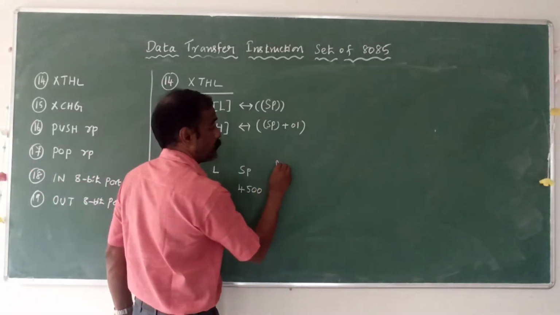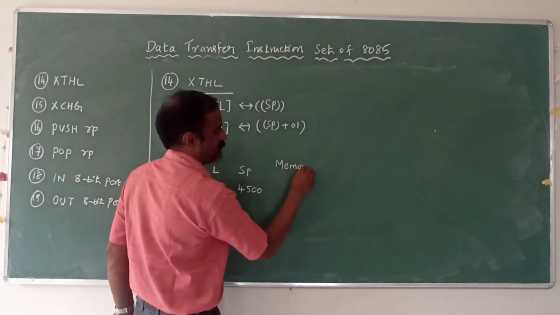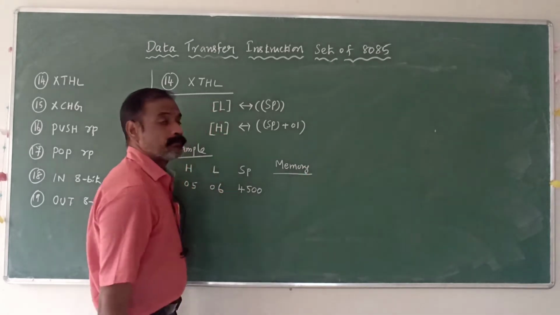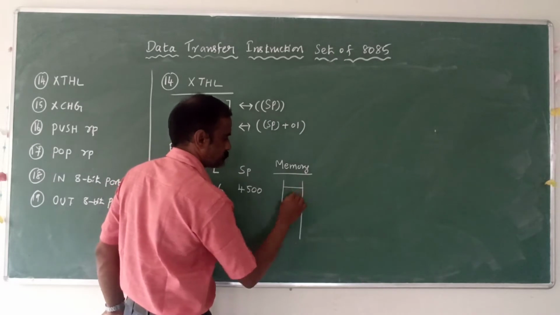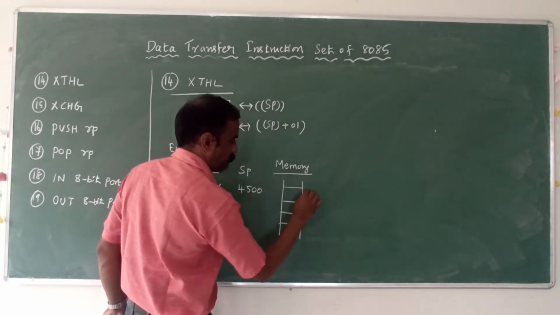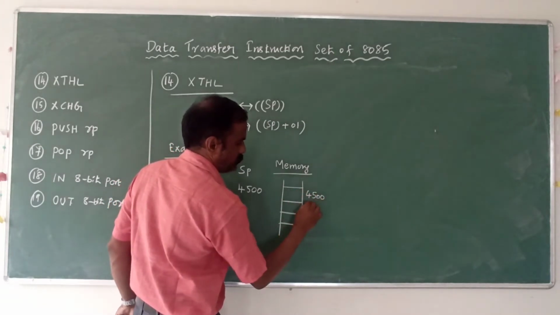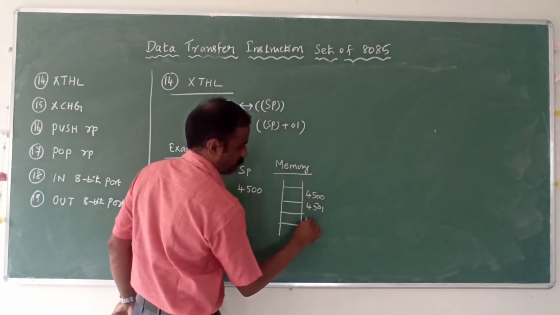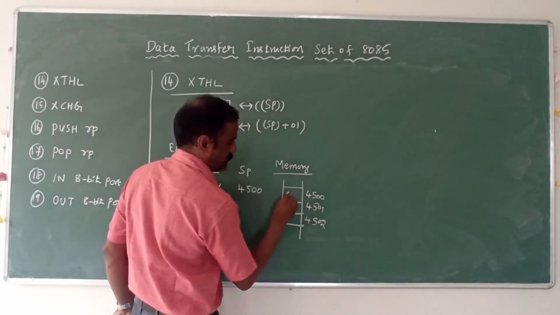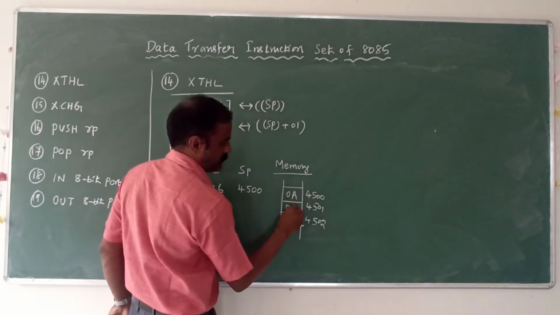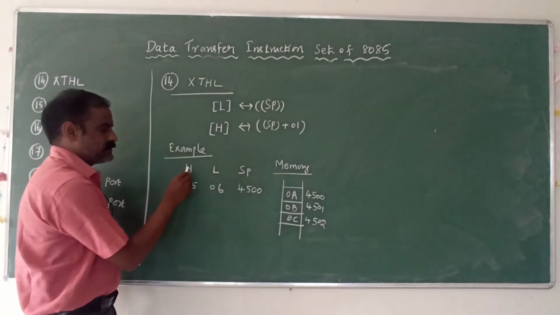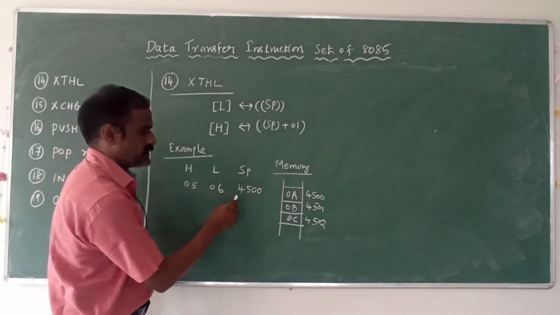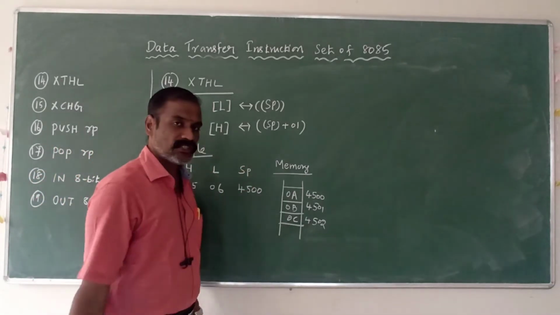This is for memory. The stack means a number of memory locations. In addresses 4500, 4501 and 4502, the data is 08, 0B, 0C. In the registers, H is 05, L is 06, and the stack pointer address is 4500.